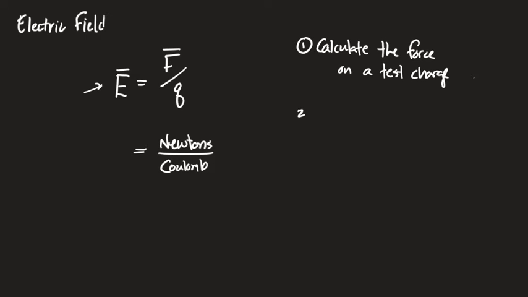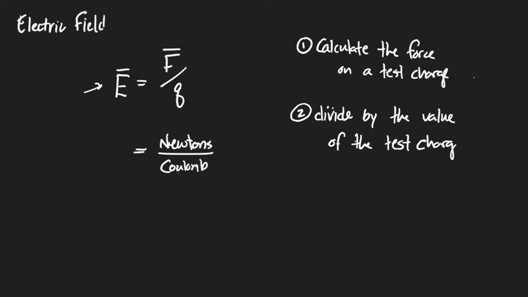Then step two, seems ridiculous, but to find the value of the electric field, we calculate the force on a charged particle, and then we divide by that particle's charge.